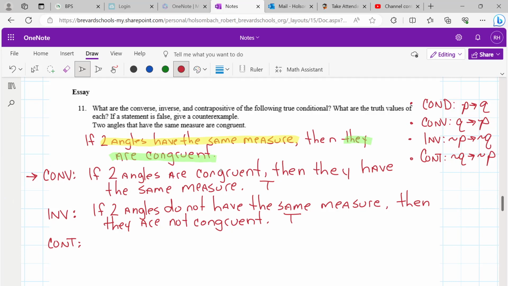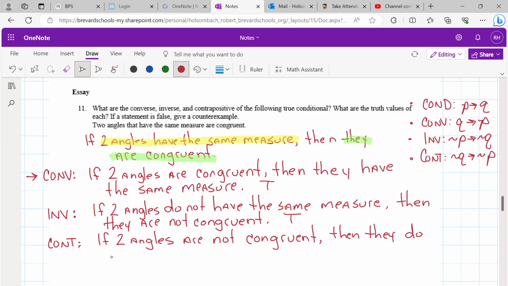So if two angles are not congruent, then they do not have the same measure. And that is also true.